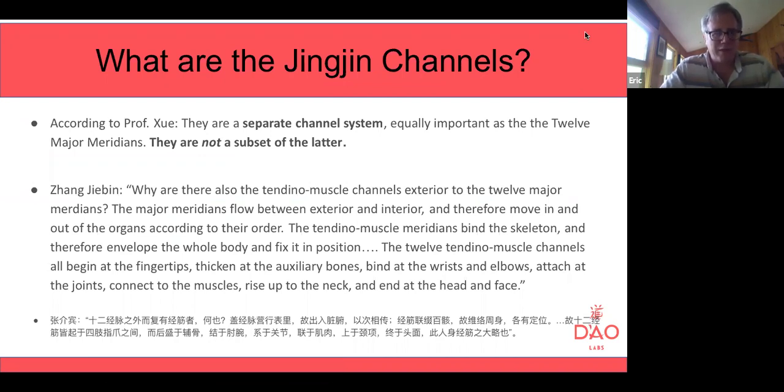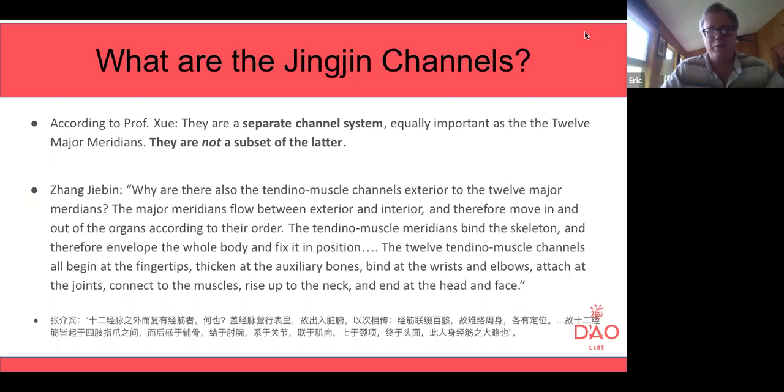One of the insights of Professor Xue is that the Jinjin channels aren't what we've typically been taught as a subsystem, a subset of a complicated system of channels, where we start with the 12 major meridian channels, and you've got the Jingbie and other channels.